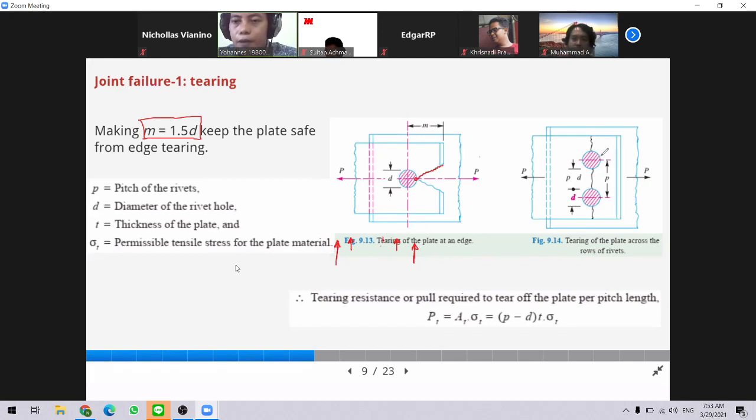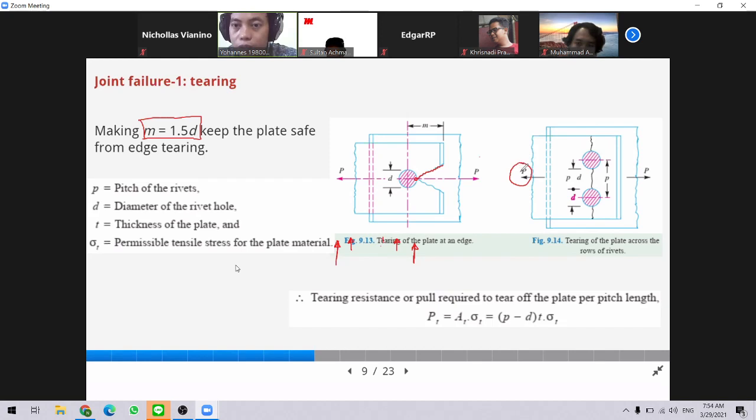Okay, so the next part is also tearing. It's also a crack on the plate, but it is not caused by stress concentration. It happens because we have the load here that creates tension stress on the plate.